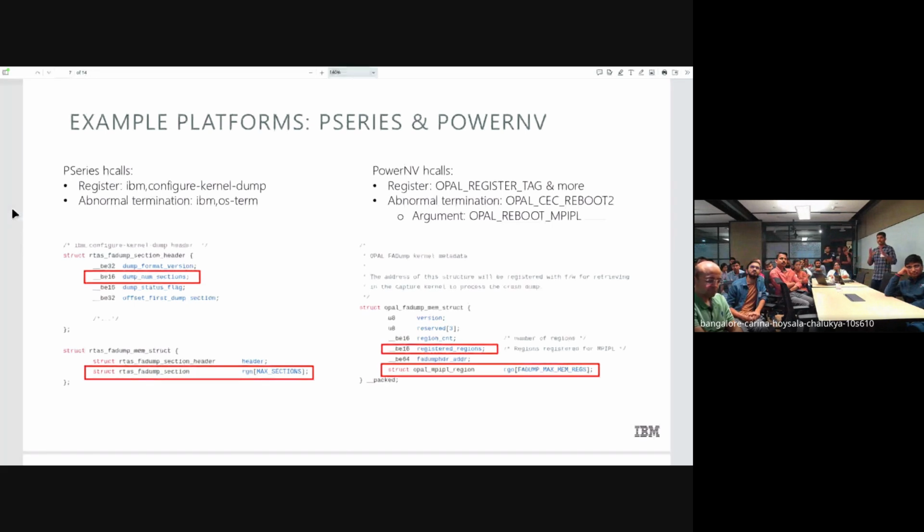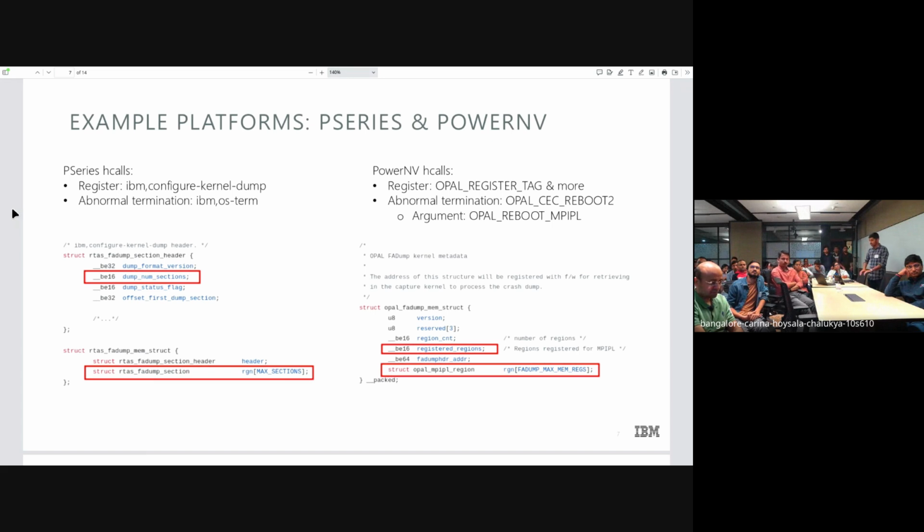So MPIPL is basically the same as FADM, just called MPIPL in Power NV. So as you can see, pSeries chose to implement both of them as separate H calls, and Power NV, on the other hand, reused the reboot H call with a flag for abnormal termination and introduced multiple H calls for the register sequence.